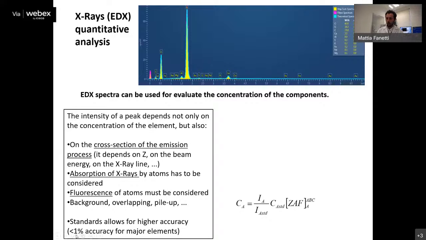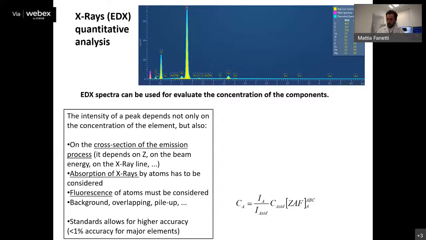Then you also have to consider how many of these emitted X-rays are absorbed by the rest of the sample during their travel to the detector, and also that some atoms can absorb the emitted X-ray and again emit other X-rays by themselves. This is the so-called fluorescence factor.